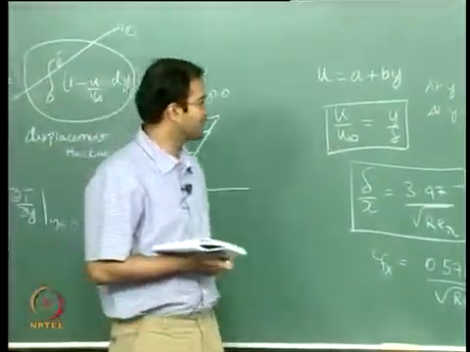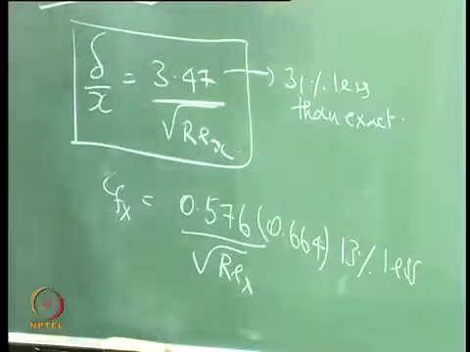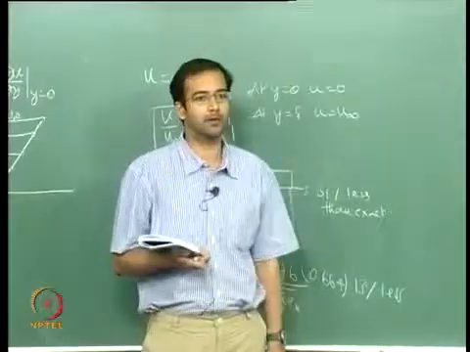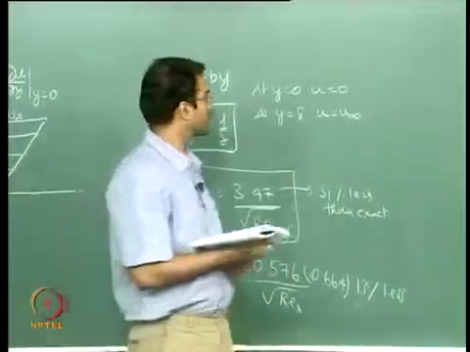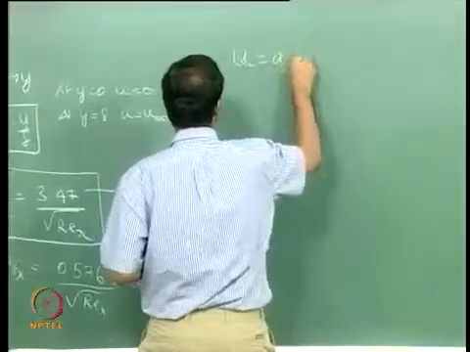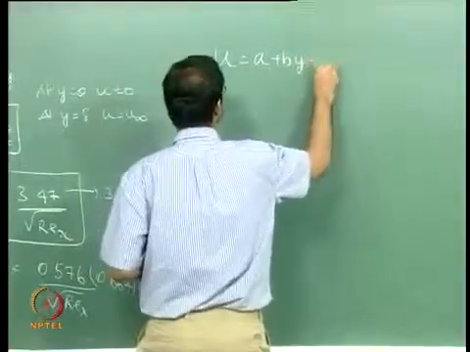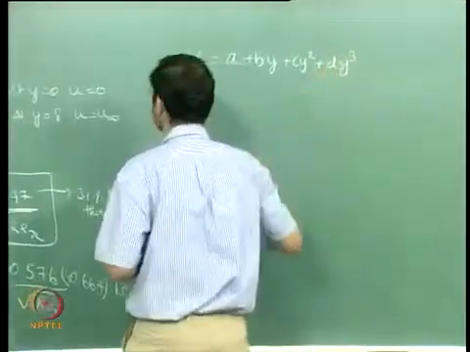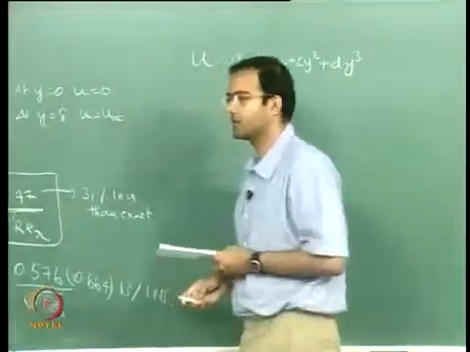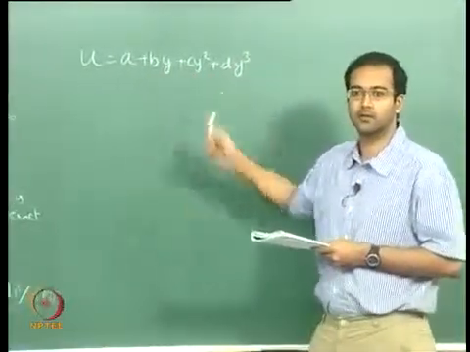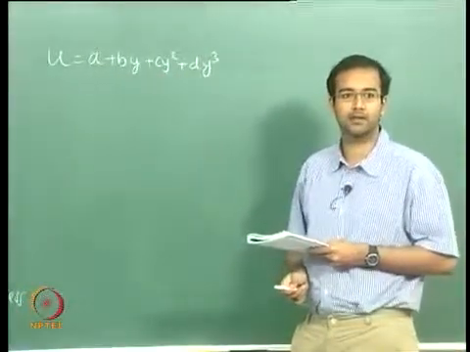Then what we did was improve the profile assumption from a linear profile to a cubic profile. We assumed a profile something like a plus b y plus c y square plus d y cube. Now that it's a higher order polynomial, we need to satisfy more boundary conditions to determine these additional constants.